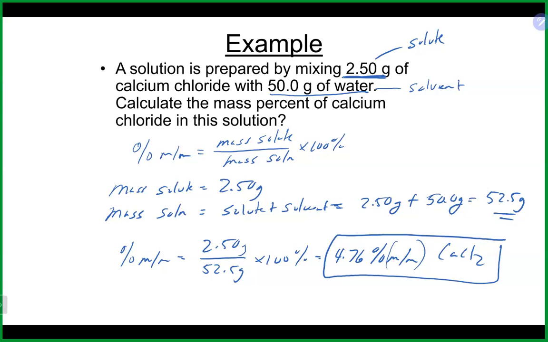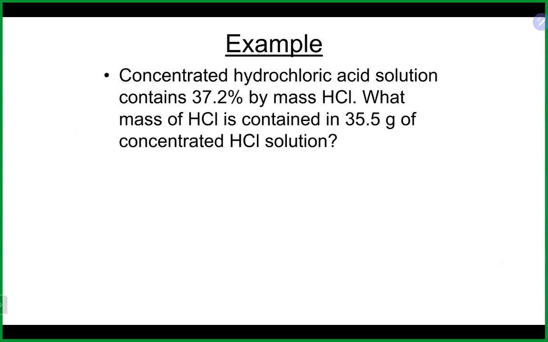Okay, let's take a look then at another one if there are no questions. Concentrated hydrochloric acid contains 37.2% by mass hydrogen chloride. What mass of hydrogen chloride is contained in 35.5 grams here?